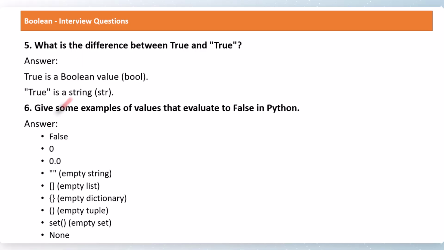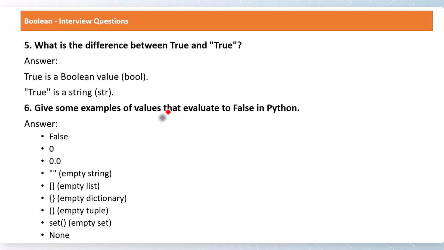What is the difference between capital True and "True" enclosed in double quotes? True is a Boolean value, and the other is nothing but a string enclosed in double quotation marks. It is not a Boolean value.